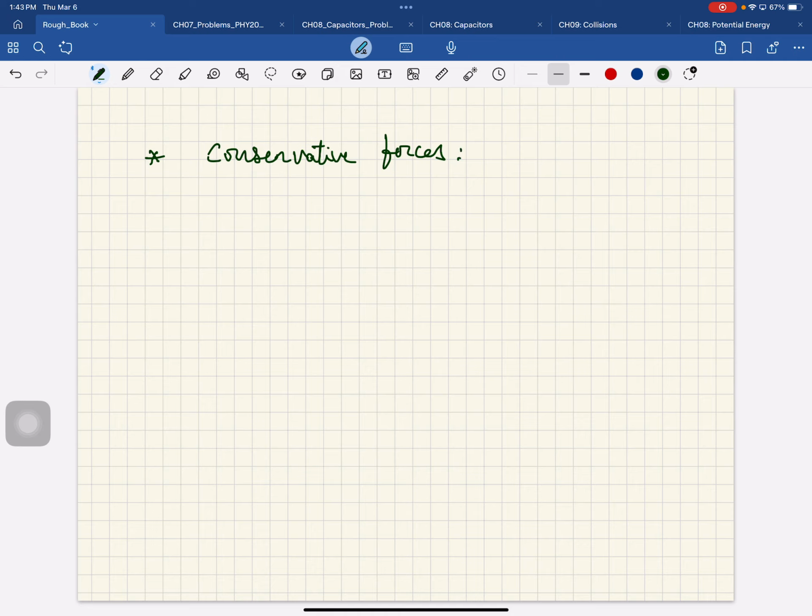What is the defining feature? Work done by these forces is path independent.